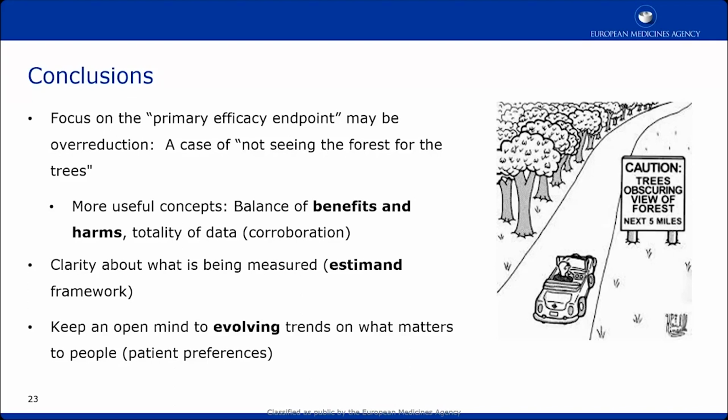The more useful concept is the balance of benefits and harms, the totality of the data, including strength of evidence and corroboration through a multitude of endpoints and better estimates.